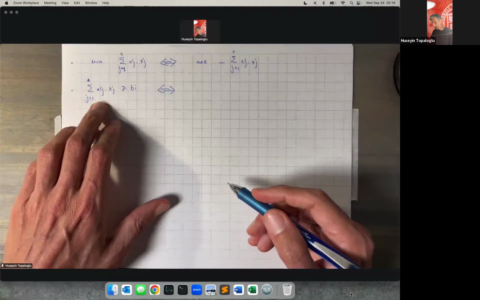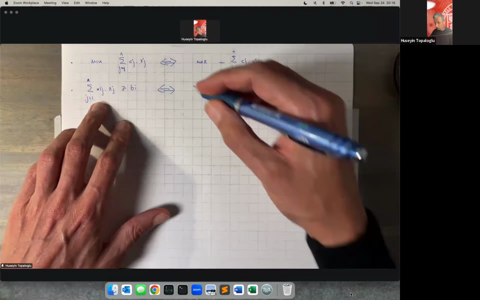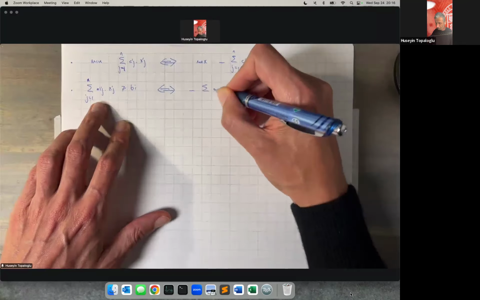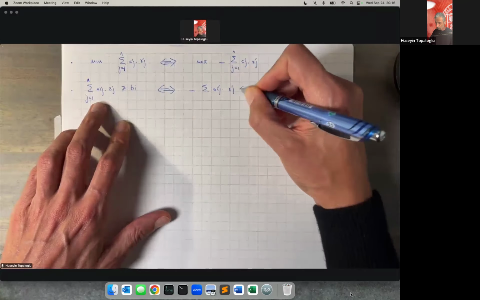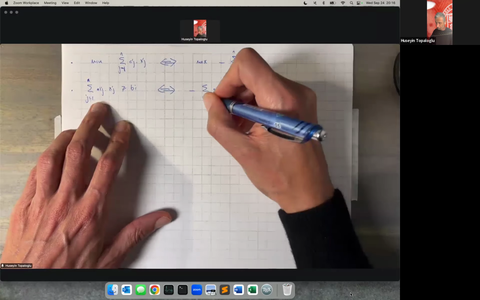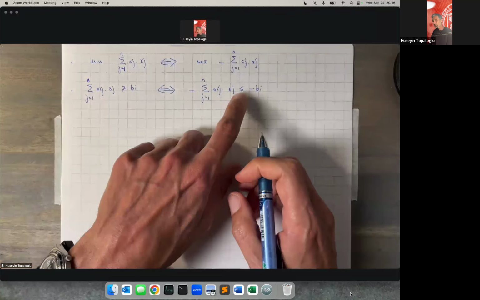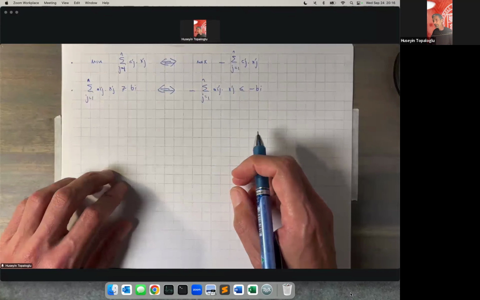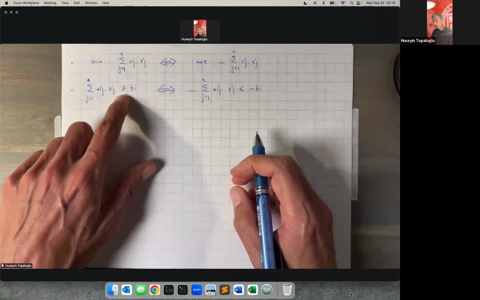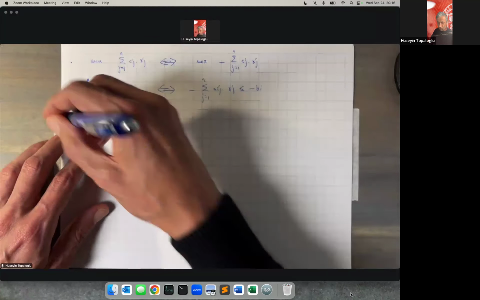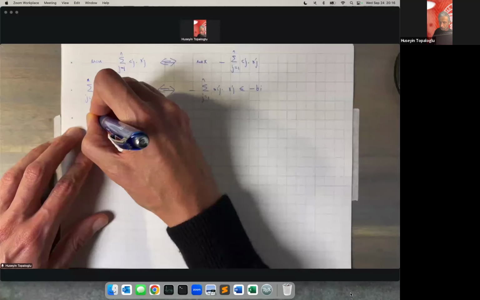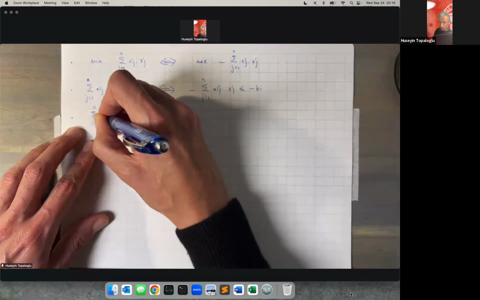Multiply both sides of this constraint by -1, and it turns into a less than or equal to constraint. So it's easy to turn a greater or equal to constraint into a less than or equal to constraint. What else? Let's say you give me an equality constraint.